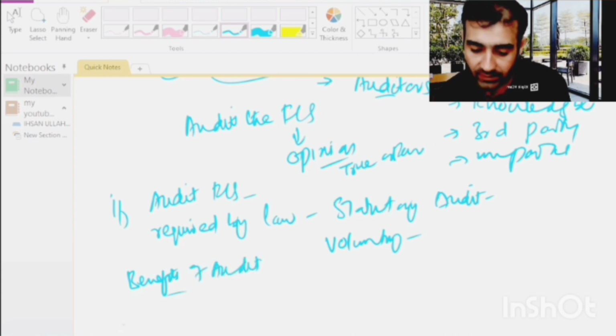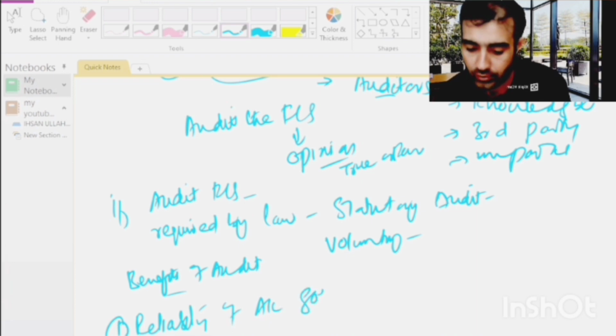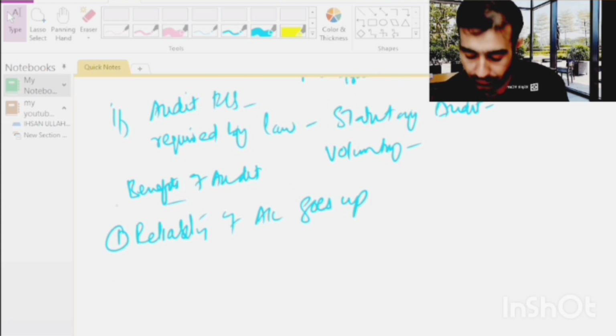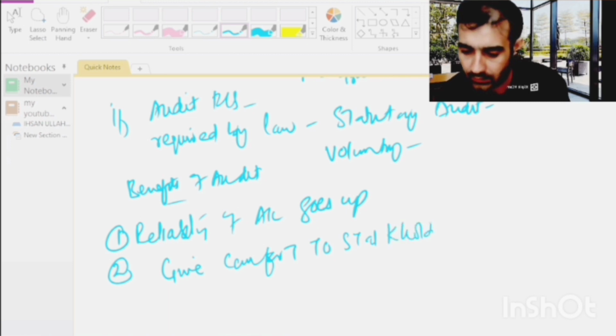So the first benefit, if you see, is that it will increase the reliability of the accounts. The other benefit is to give comfort, to whom? To stakeholders and sleeping partners.